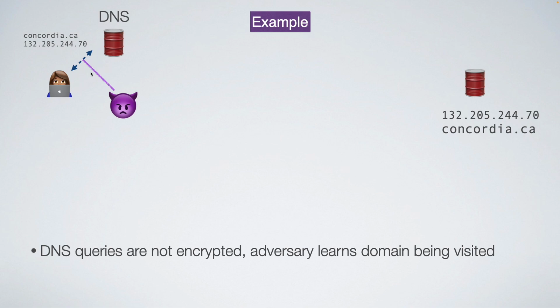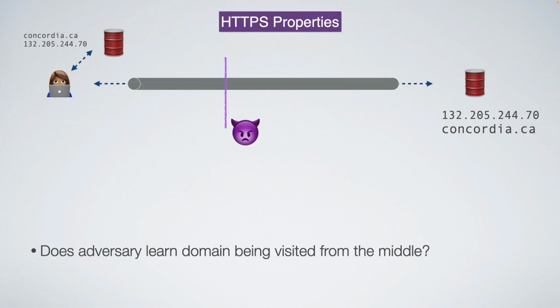So if the adversary is sitting here, even if ultimately we have a secure tunnel, they do know that you queried for Concordia.ca's IP address, so you're probably going to Concordia.ca. Anyways, I'll circle back to that.